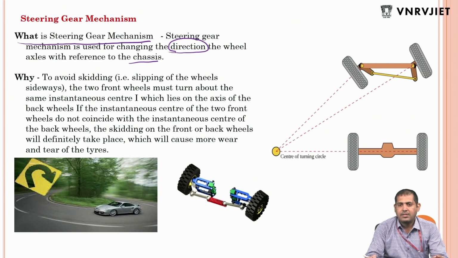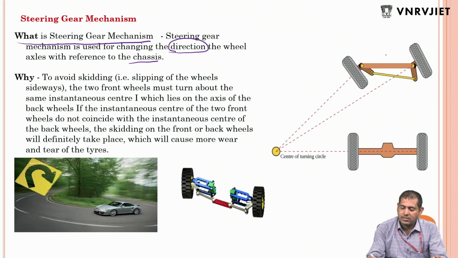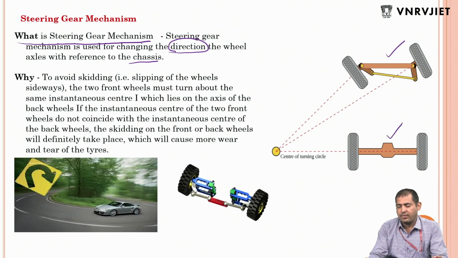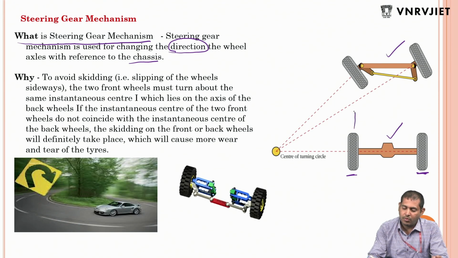Let us consider this. This is the front wheel axle, second wheel axle, rear wheel axle. On the rear wheel axle, rear wheels are fixed. There is no change in the direction, which always tries to move in horizontal direction.